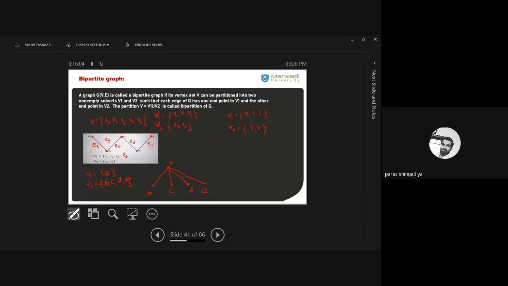Whatever edge is given, it should be defined in such a way that one endpoint, the starting point, should be in one partition and the ending point should be in the second partition. That should be in part of V2. So this type of structure is known as a bipartite graph.